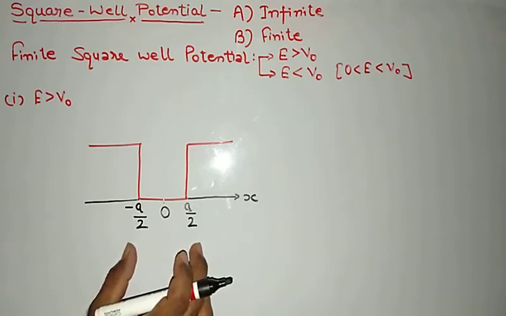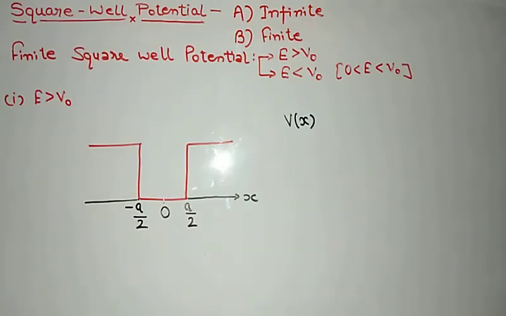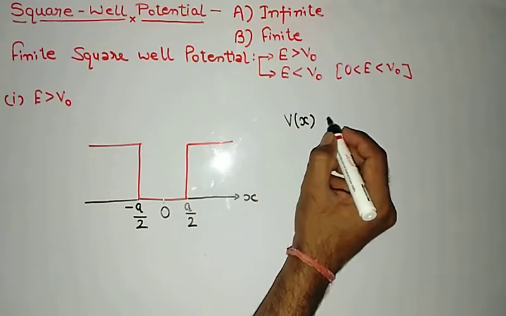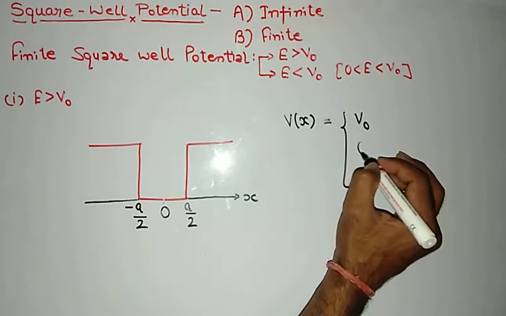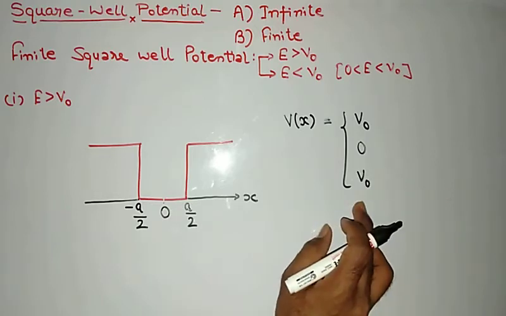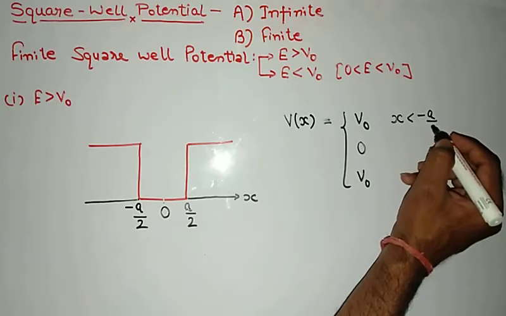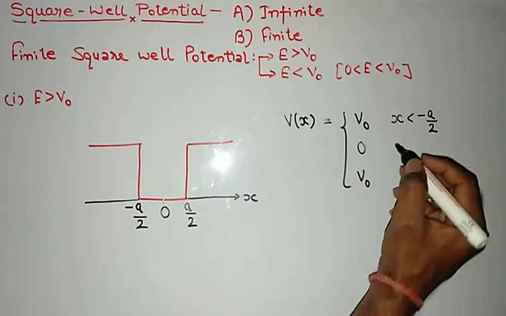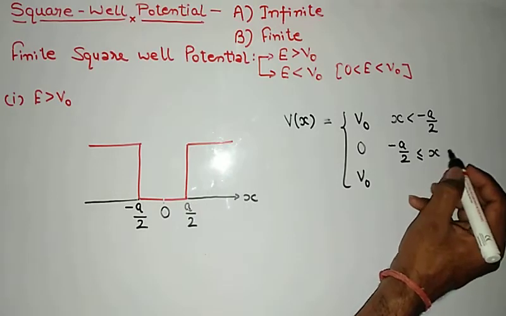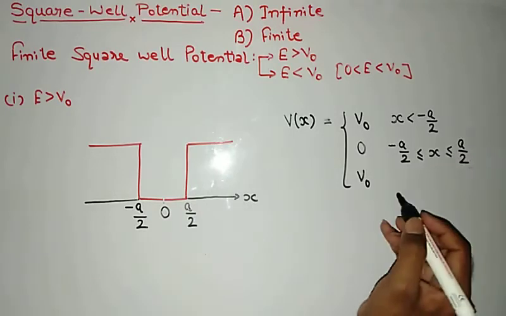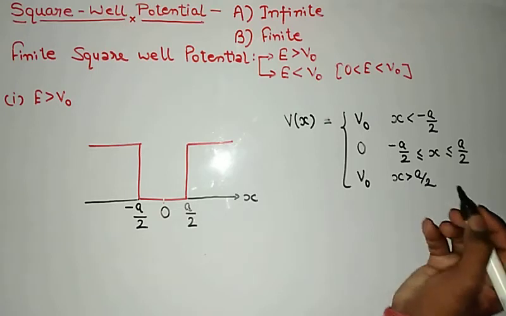It means that we are taking potential of the form Vx is equal to V naught for x less than minus a by 2, 0 for minus a by 2 to a by 2, and again V naught for x greater than a by 2.